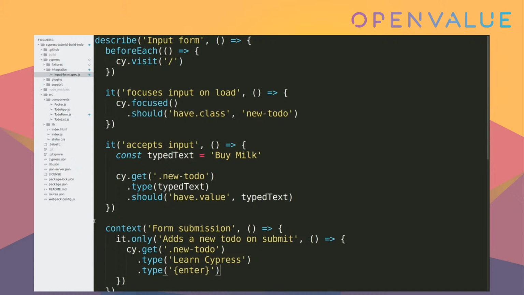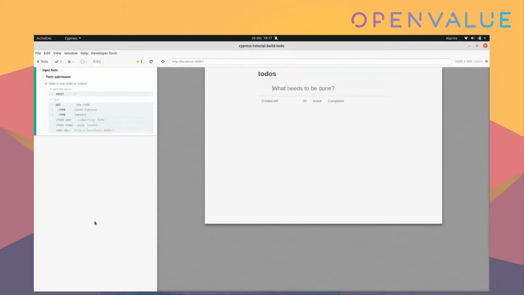So going to hit enter, and then let's see if that's already working. So we visit, we get the element, we type learn Cypress, and then we hit enter, and we see the default form behavior of reloading the current page.